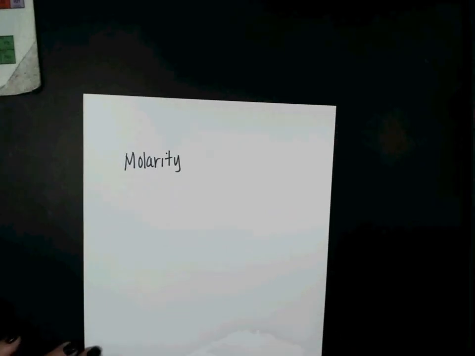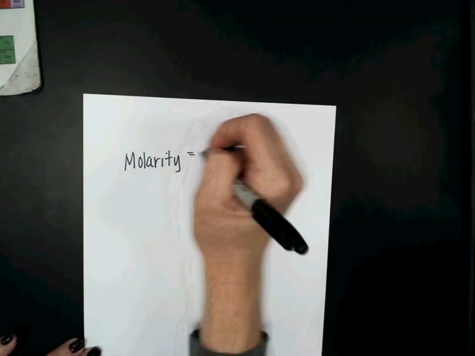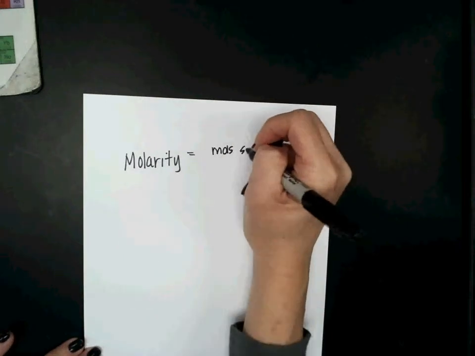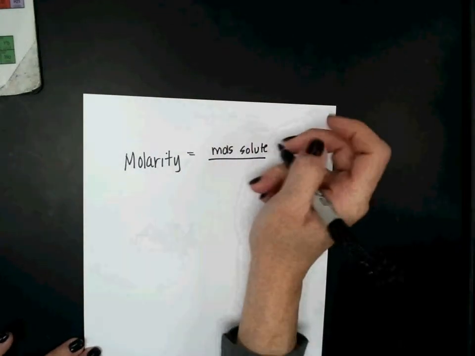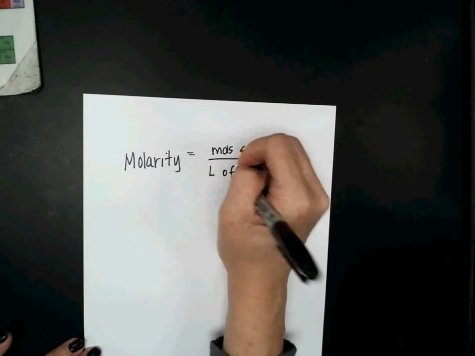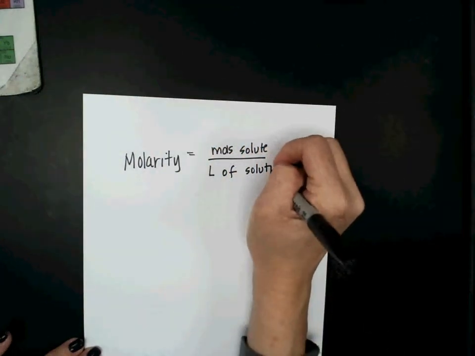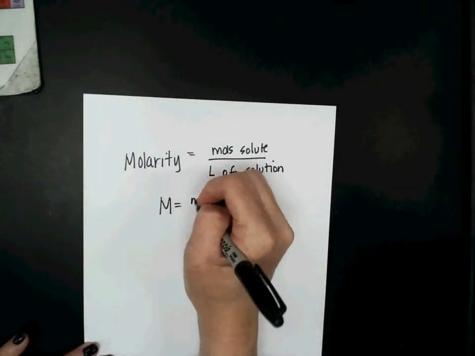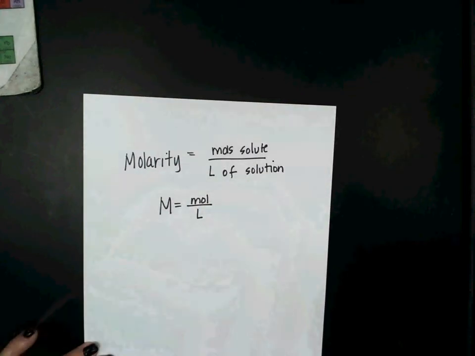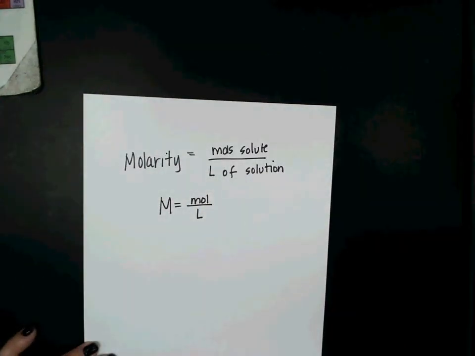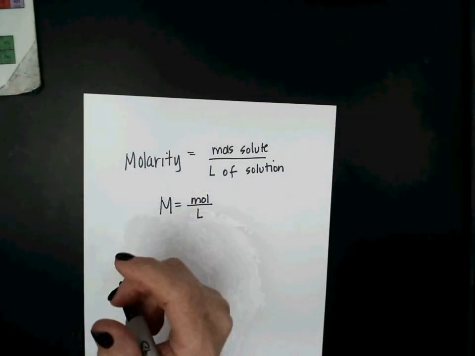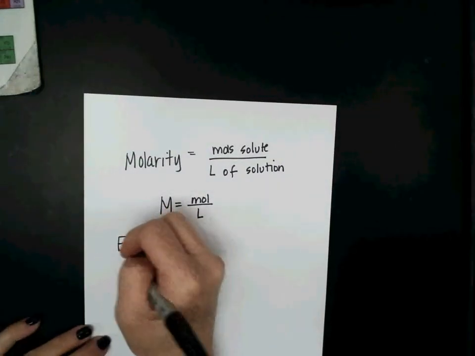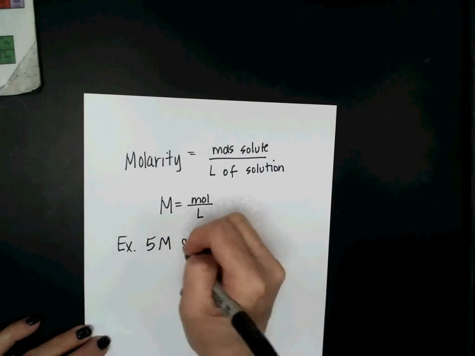Okay, anyhow, I can say that molarity is equal to moles solute per liter of solution. So it looks like this. Capital M equals moles per liter. So if I have something like, let's say I have a 5 molar solution.